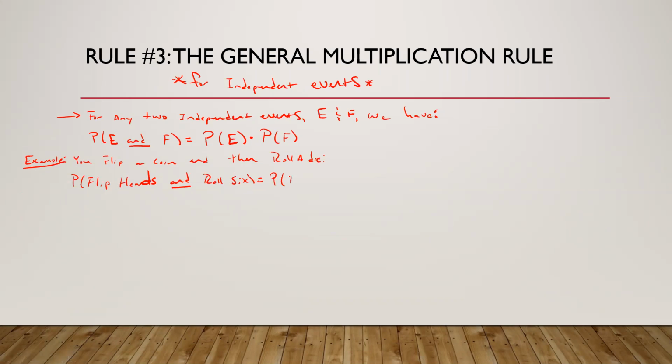So it's the probability of flip heads times the probability of roll a 6. When you flip a coin, what's the probability you flip heads? Yep. And on a 6-sided die, what's the probability you roll a 6? Yep. Check this out. To multiply fractions, you just multiply across. 1 times 1 is 1. And then 2 times 6 is 12. You got it. So this formula works.